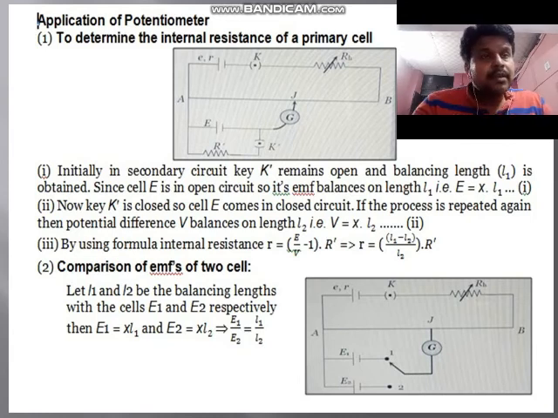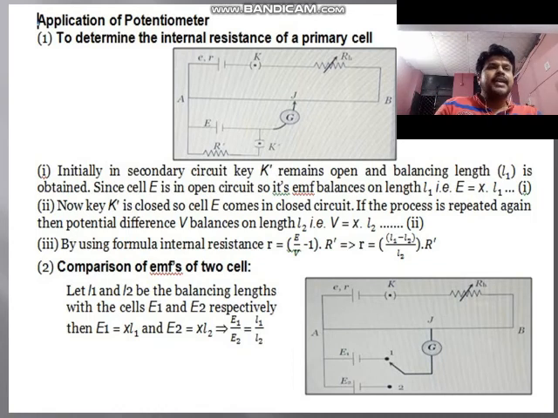For comparison of EMFs of two cells, consider the second figure. Here also the primary circuit remains the same, but in the secondary circuit we are using two cells of different EMF E1 and E2 and a galvanometer with changing switch 1 and 2 positions. First of all, we connect galvanometer with the terminal 1 of cell E1 and get the balancing length of L1.